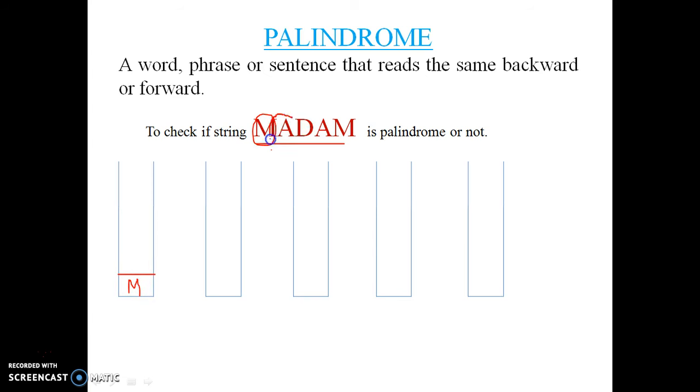The next element is A. So I will insert A above M. So A becomes the topmost element. The next one is D. Let us see the insertions. D now becomes the topmost element.